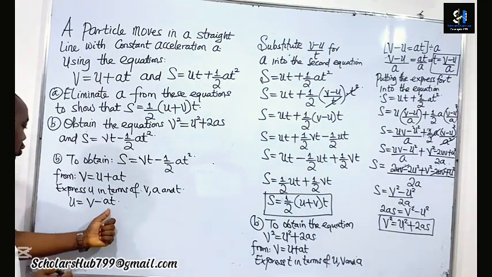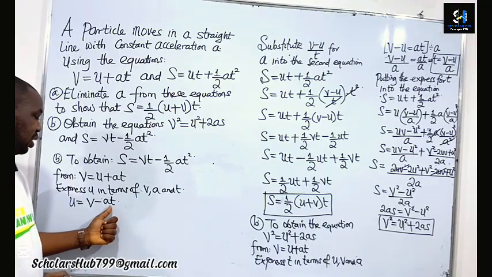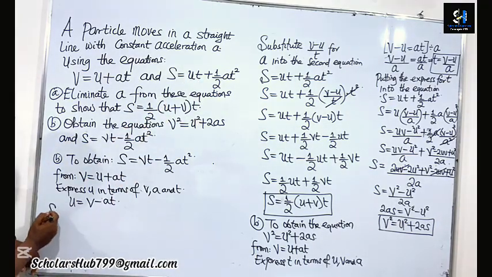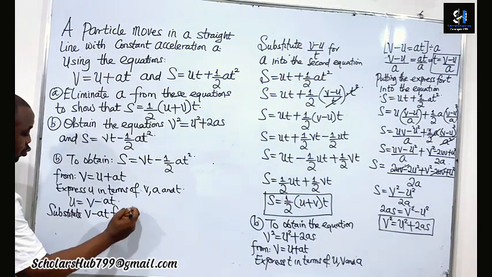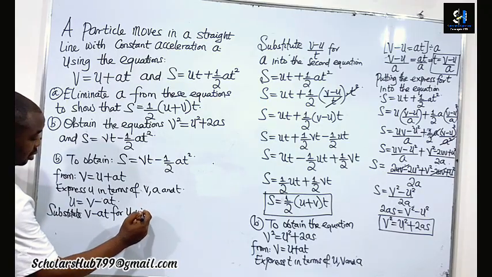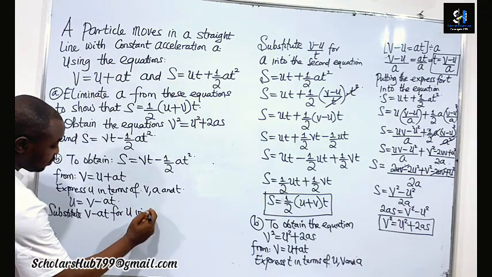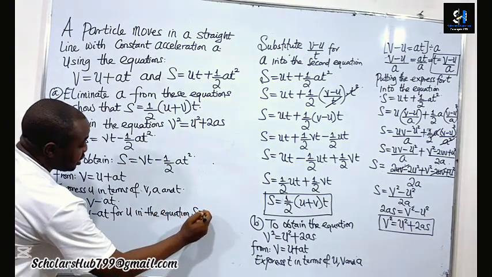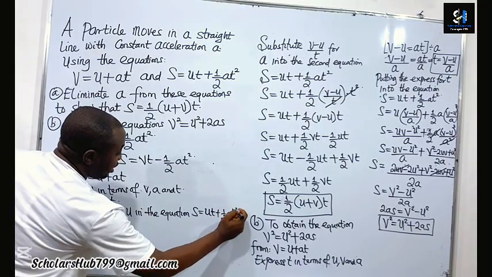Then I'm going to substitute v minus at for u in the equation s equals ut plus 1/2 at squared.